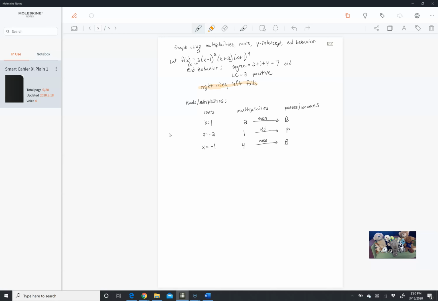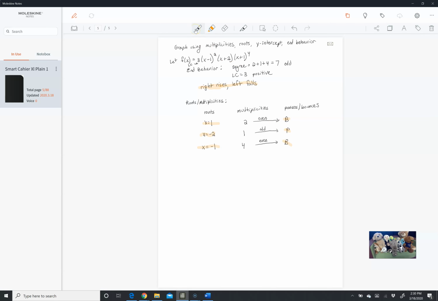And then the last thing that we care about, so I'll highlight this. The things here that we are going to need to know are the x equals 1, so the roots, the x equals negative 2, the x equals negative 1, and then whether or not it bounces at the root or passes at the root. So everything that I'm highlighting are the things that we're going to need in our graph.